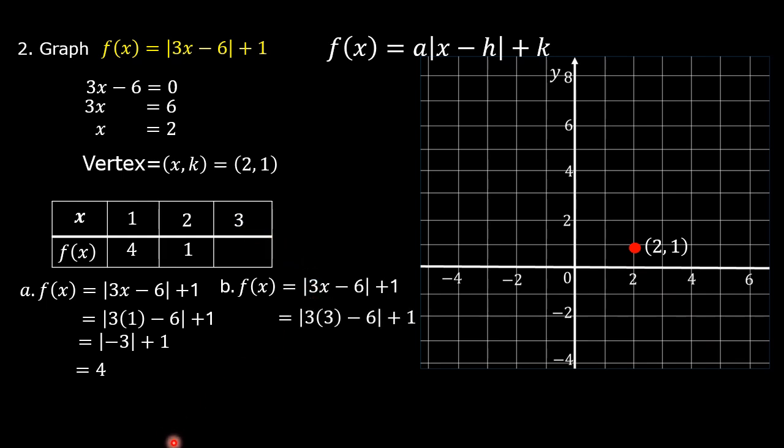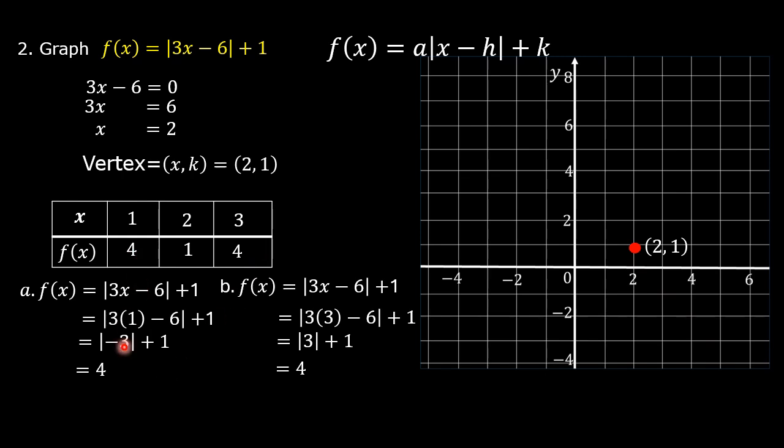So this is now equal to the absolute value of 3 times 3 minus 6 plus 1. 3 times 3 is 9. 9 minus 6 is 3. So the absolute value of 3 plus 1. The absolute value of 3 is 3, plus 1 is 4. So when x is 3, f of x is equal to 4.